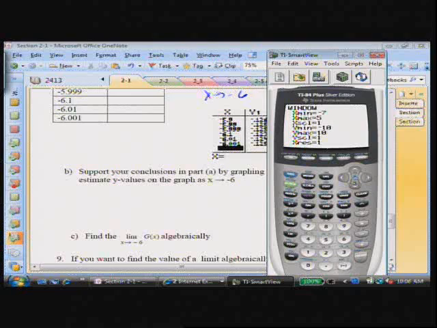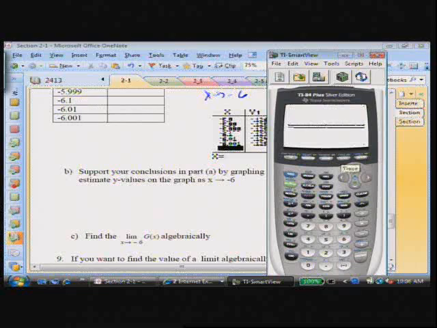And it was clear that I was really hugging the x-axis there, so I would make this like -1 to 1 on the y. Yeah, thank you. I'll fix that in just a second. So -7 to -5.